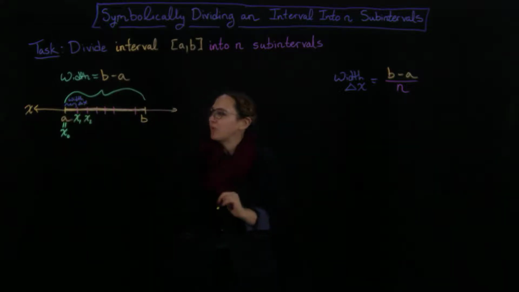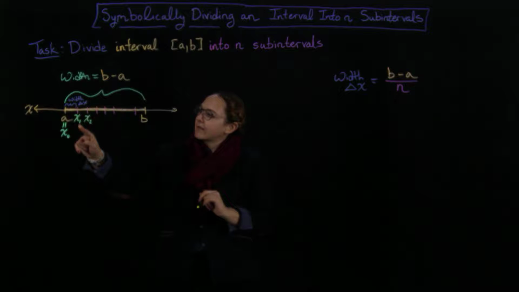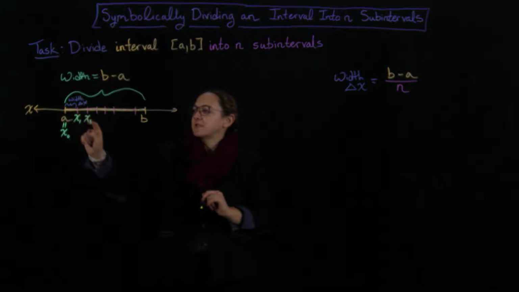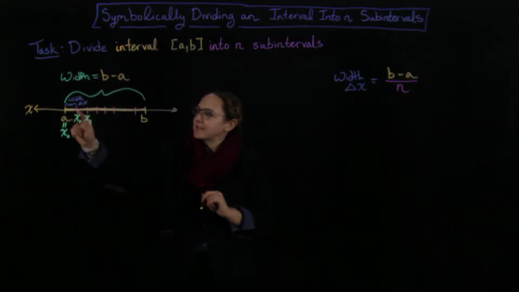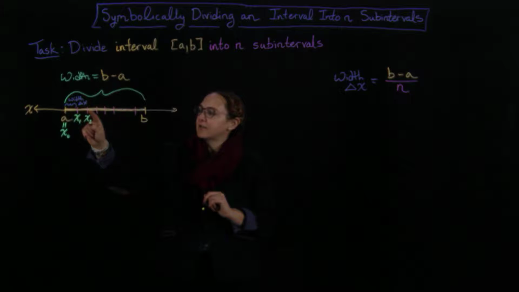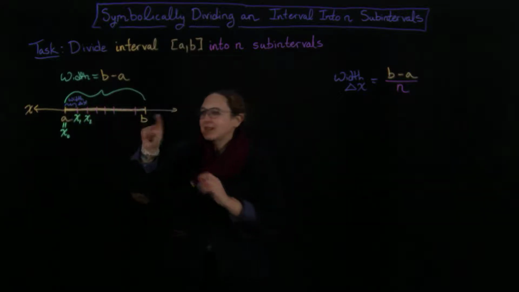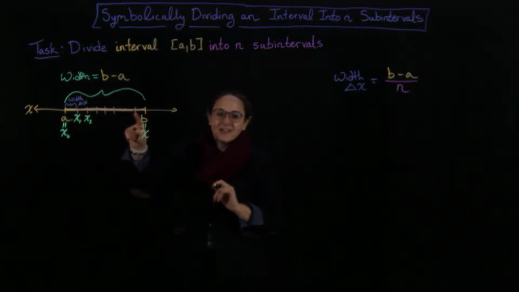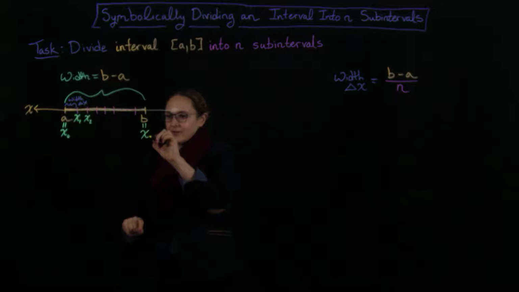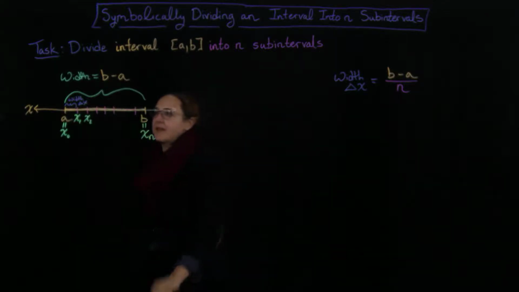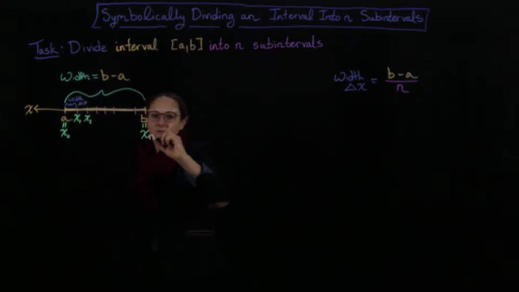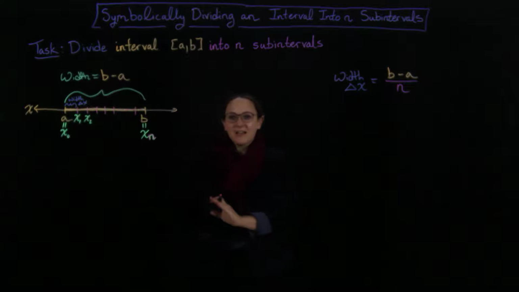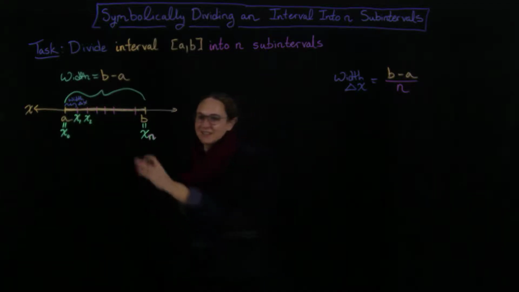Here's a key point: the number there tells me this is the first interval, this number tells me this is the second interval, this number tells me this is the third, and so on. So the subscript on this last one should tell me that this is the nth subinterval, so I put an n there. This n is the same n as the number of subintervals. That's the first thing notationally, and I want to be able to write it like that so that I can give you a formula for each of these.